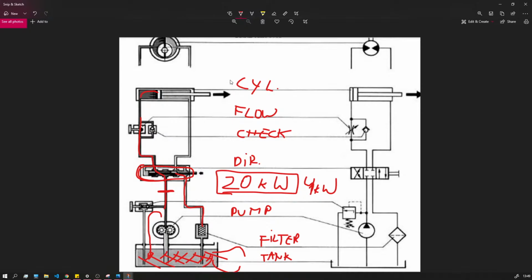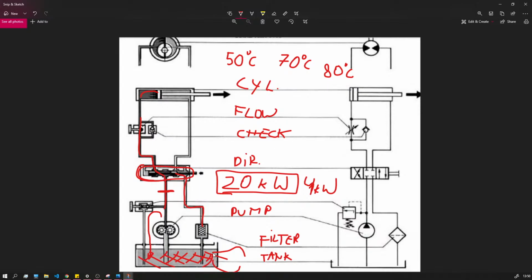So if the temperature reaches around 50 degrees Celsius, we should stop the machine. And if we are reaching 80 degrees, that's becoming a little bit dangerous. From 80 degrees, the oil starts to change its internal structure.